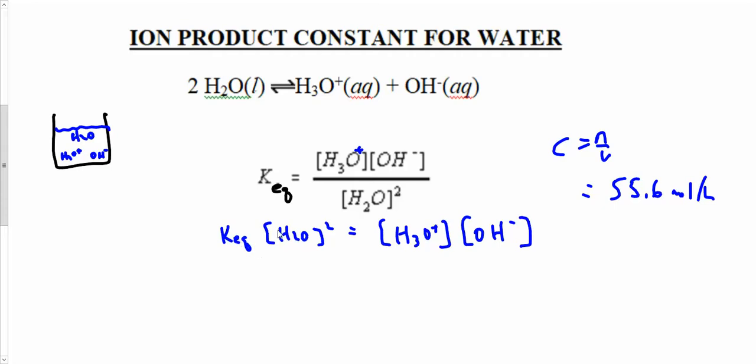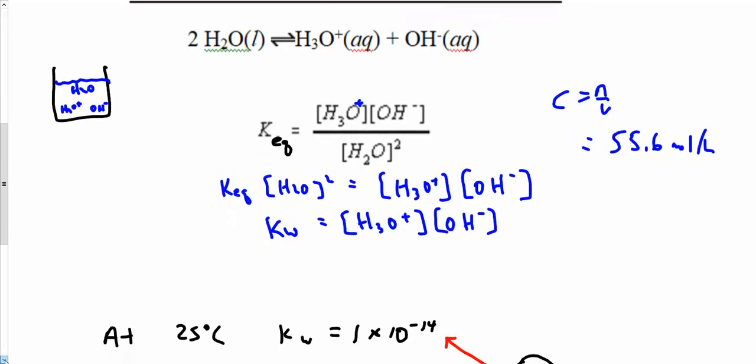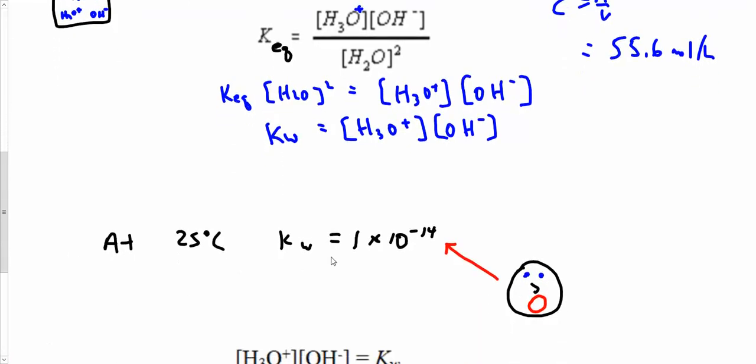A constant times a constant is another constant. And in this case, because we're dealing with water, we use Kw, the ion product constant of water. Now, at 25 degrees Celsius, Kw is 1 times 10 to the minus 14.